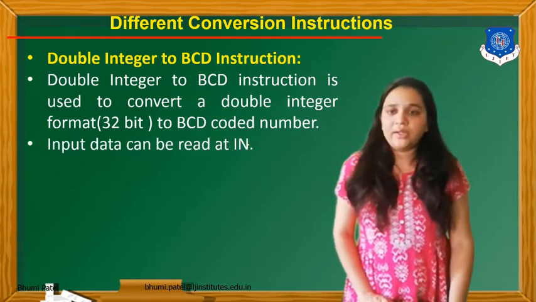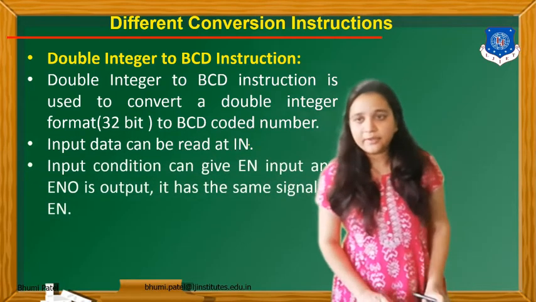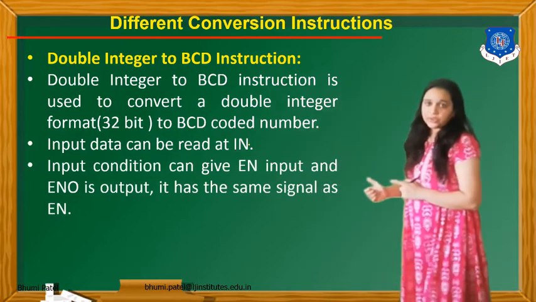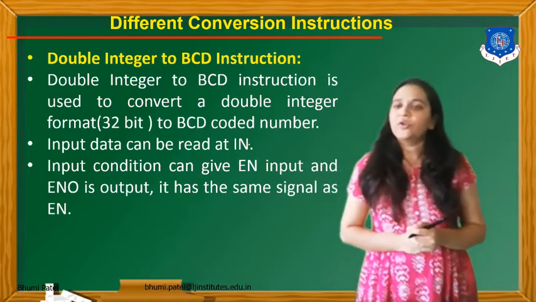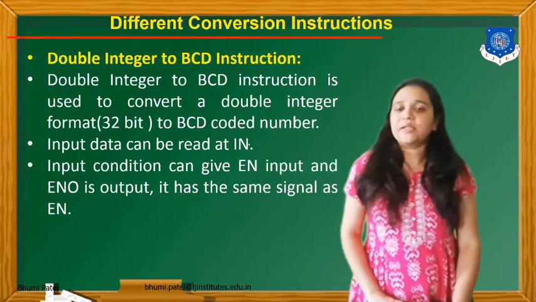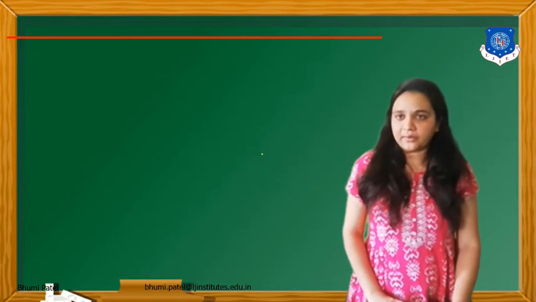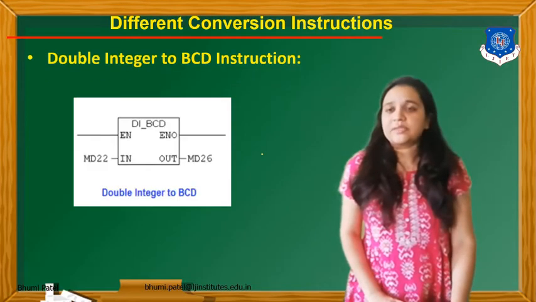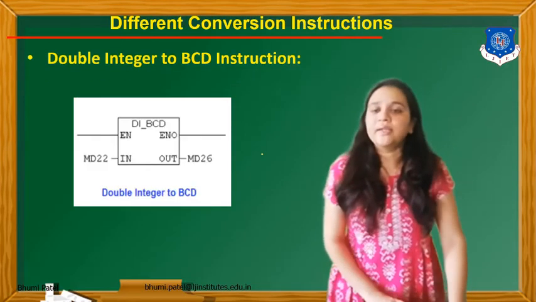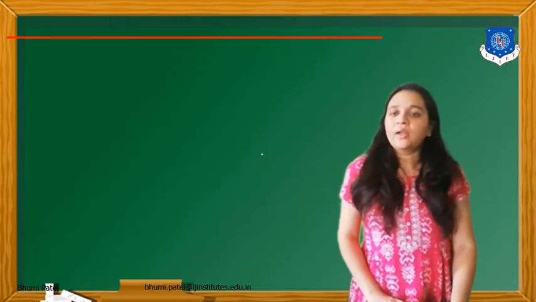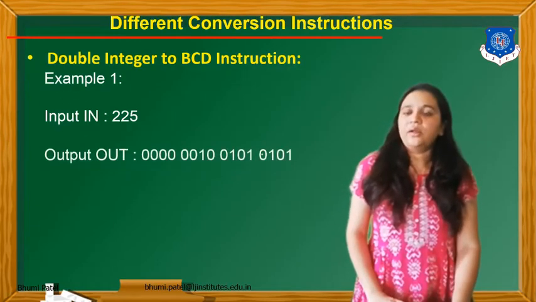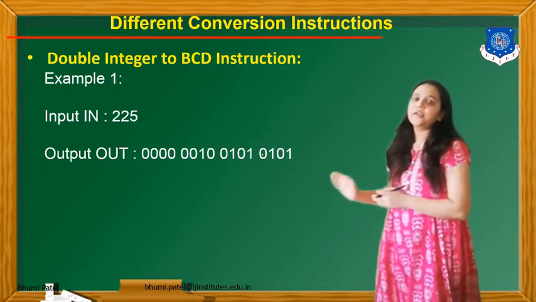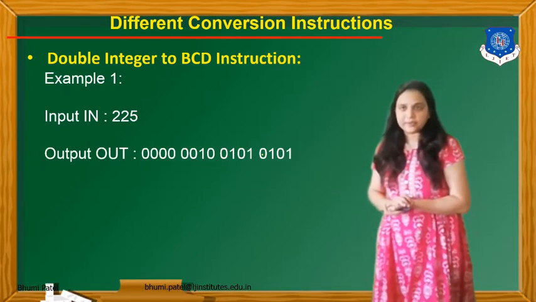Input data can be read at the input signal, and the input condition gives the enable input, and ENO is my output, and it has the same signal as the enable bit. So this is my block format, double integer to BCD, and this is the example of the double integer to BCD instruction.